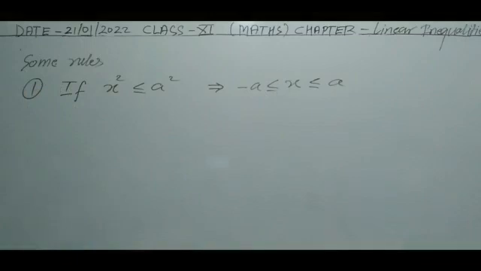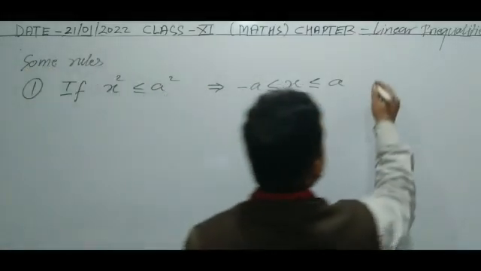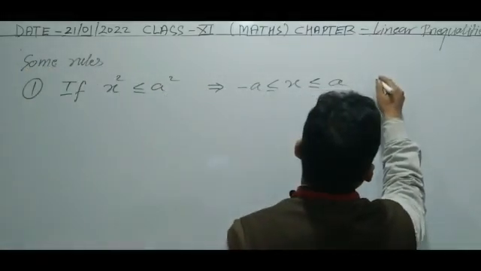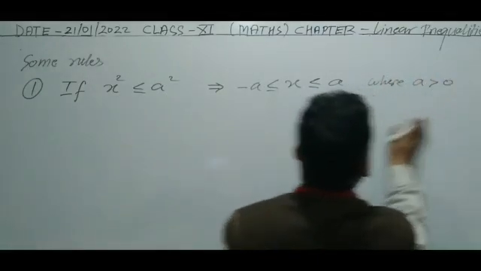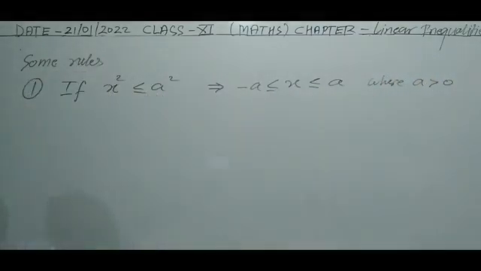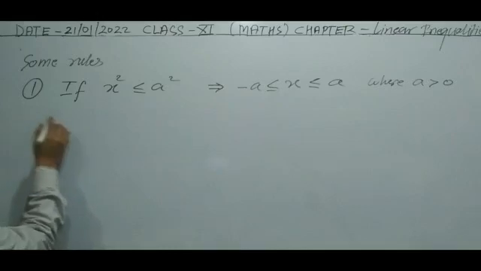See, this is the result for a greater than 0, where small a is greater than 0. Now see its proof.